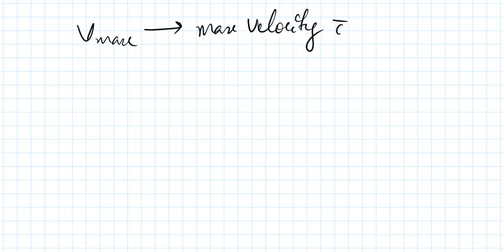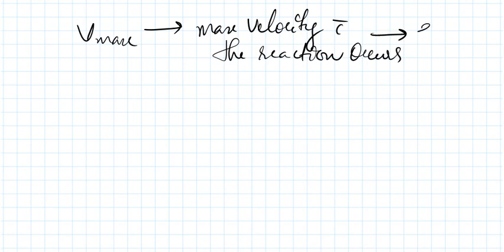Now if you ask me what is Vmax? Vmax means maximum velocity with which the reaction takes place. This is something which resembles efficacy.